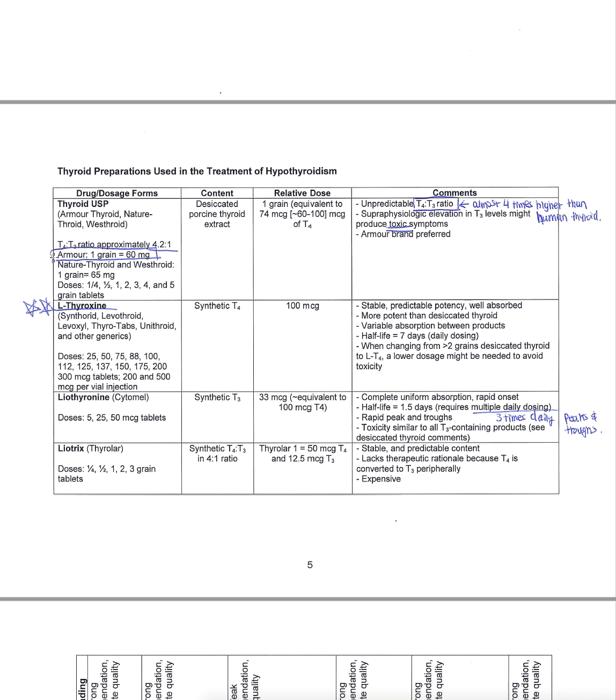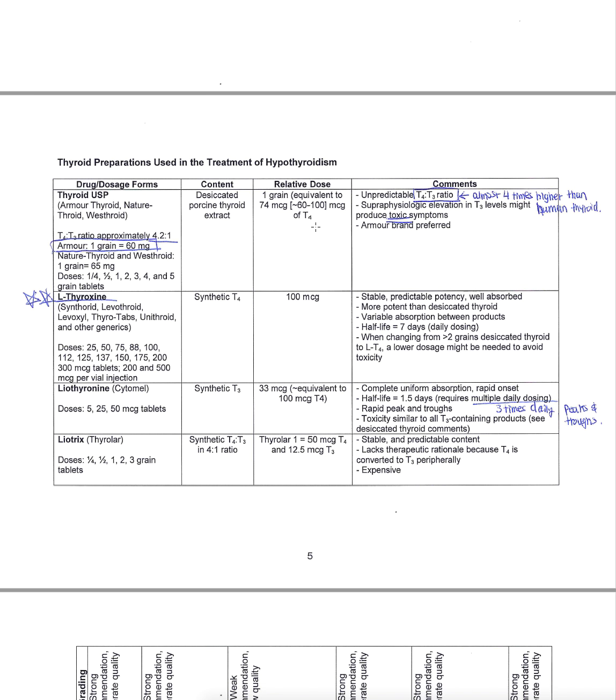But their dosing comes in grains. 1 grain equals 60 milligrams, and 1 grain is about 60 to 100 micrograms of T4. So you need to understand what is equivalent.